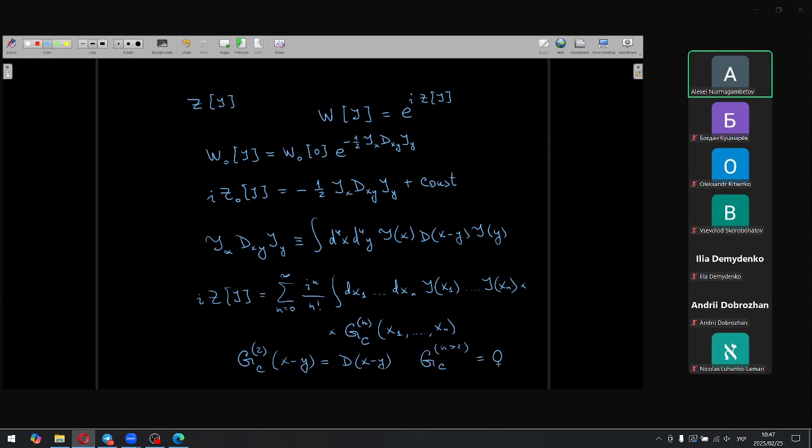Okay, so that is what concerns the free scalar field case.